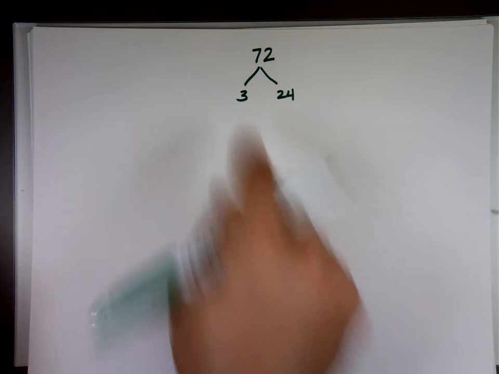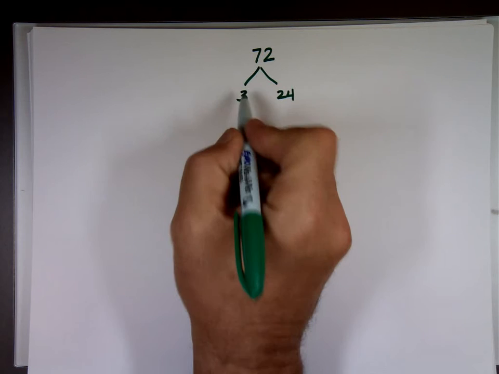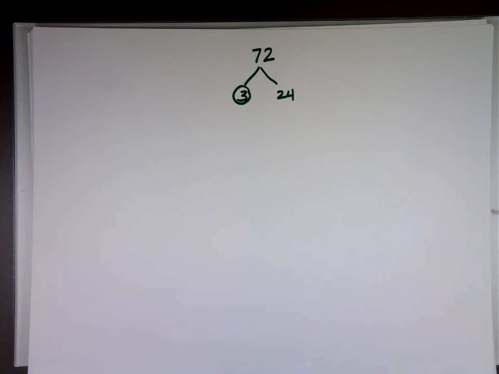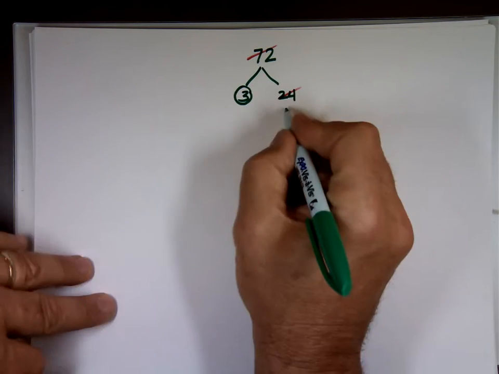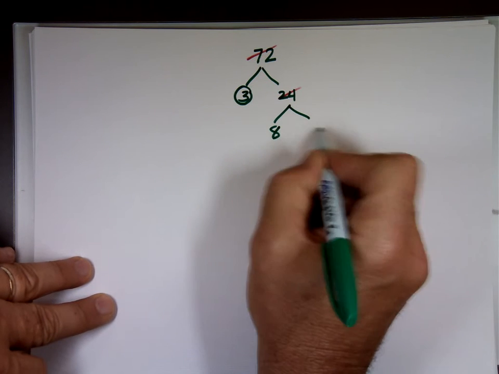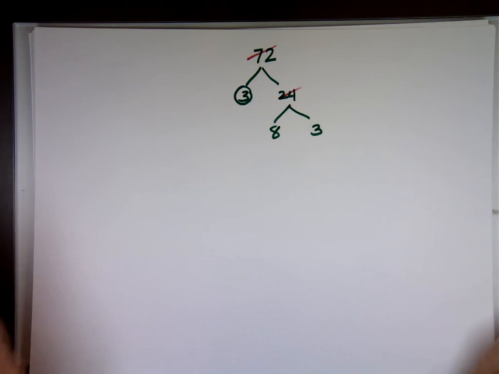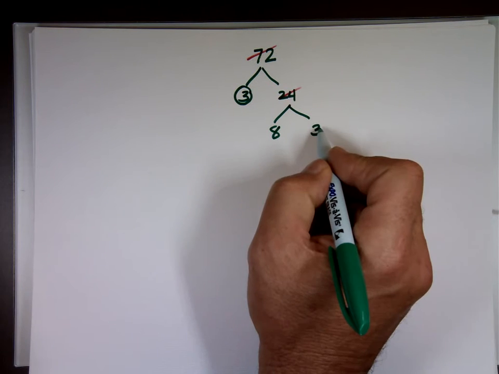Is the 3 a prime number? Yes. Is 24 a prime number? No. So the 24 is going to go away. It's going to be replaced with what? 8 times 3? I could have gone 6 times 4, 8 times 3. It doesn't matter. Is 3 a prime number? Yes.